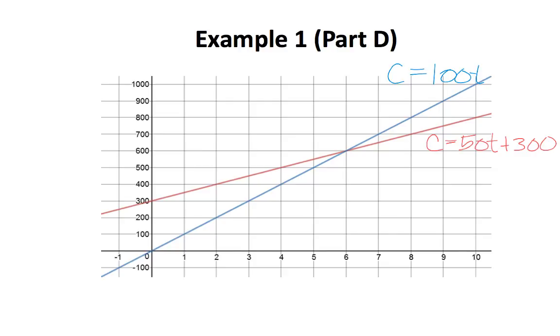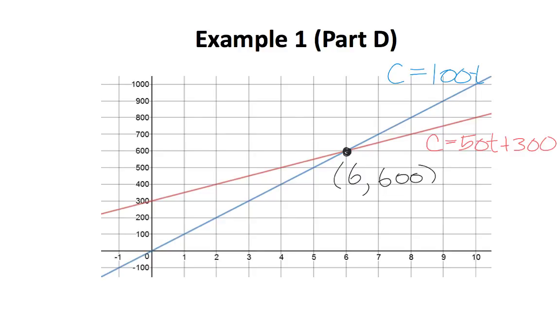We want to find the point of intersection of these two lines. If you take a close look, it is right over here, and that coordinate is (6, 600), which means at 6 hours, it will cost $600 at both the local airport and the flying club.